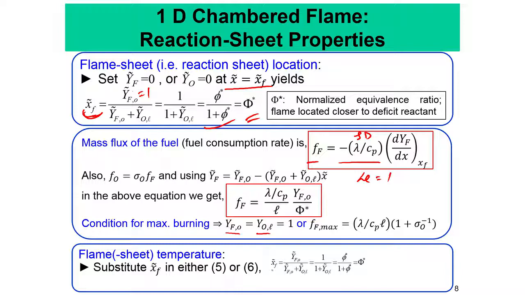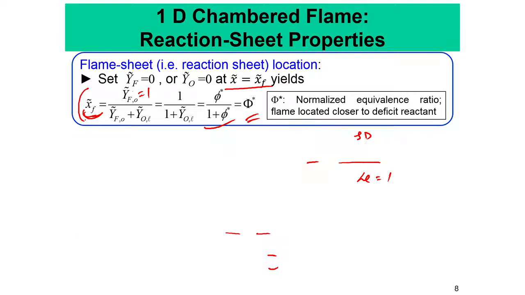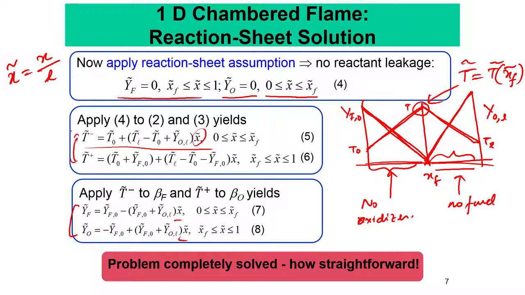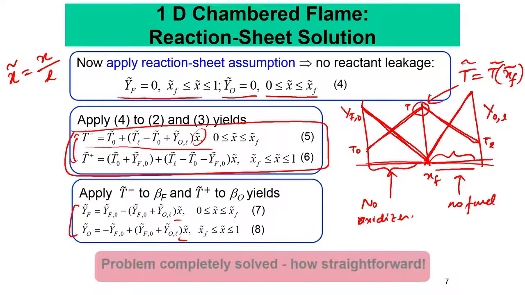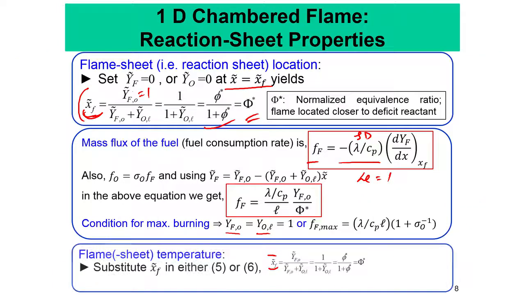Since we know the xf tilde location, we can substitute it in the temperature equations, 5 or 6, and we can easily recover the temperature.